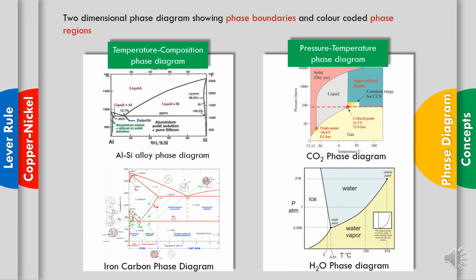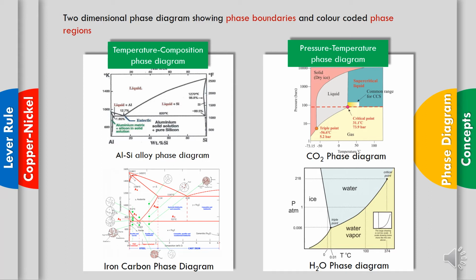This is a 2D phase diagram. We have a y-axis and x-axis, showing the phase boundaries and color-coded phase regions. On the left-hand side we have a temperature-composition phase diagram, which is an aluminum-silicon alloy phase diagram, with temperature on the y-axis and composition in weight percent on the x-axis.